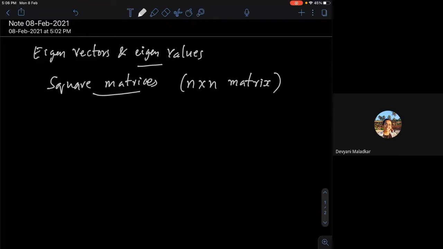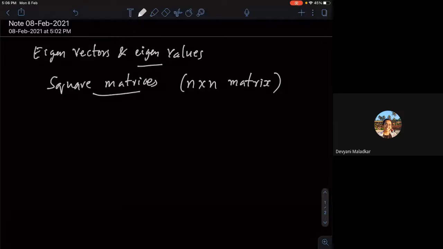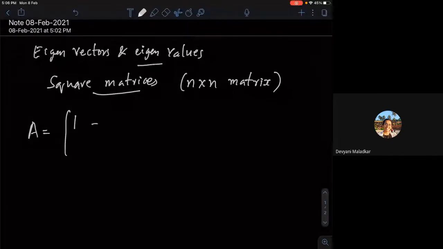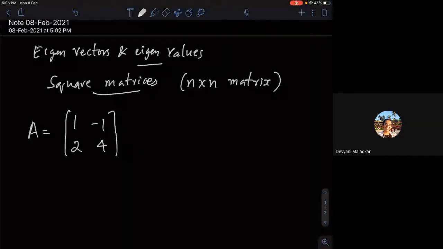Okay, so let's start with an example. A is equal to the matrix 1, 2, minus 1, 4.